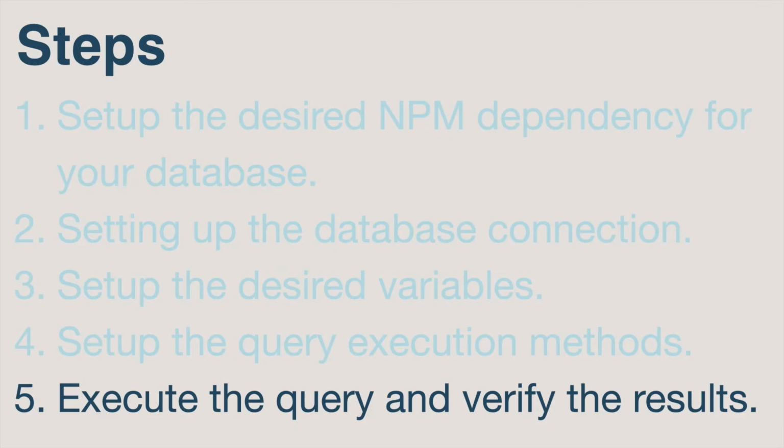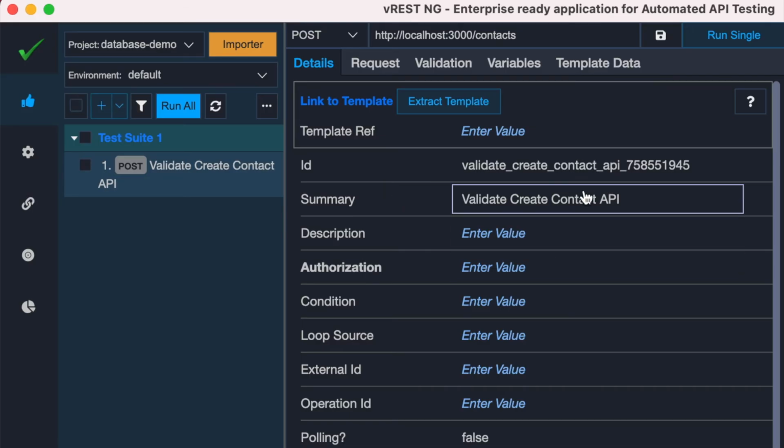So far we have configured everything for our database validation, and now let us see how we can execute the query and verify the results after the test case execution. As this sample API creates a record in the database, let's try to fetch the record from the database and validate it.